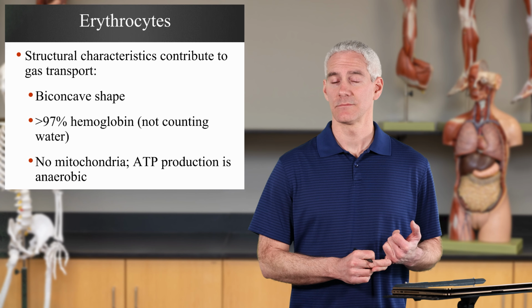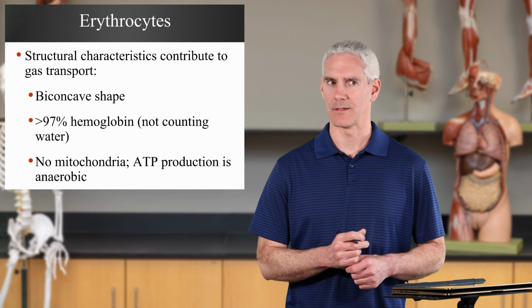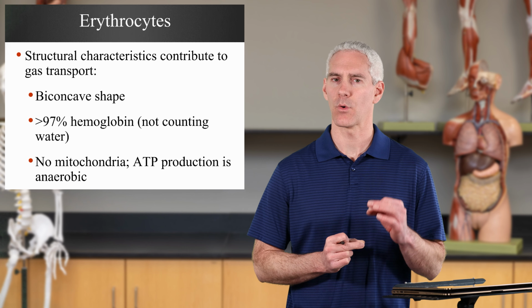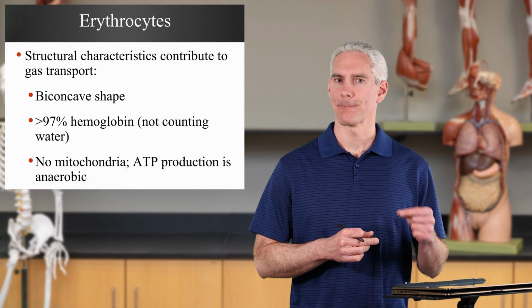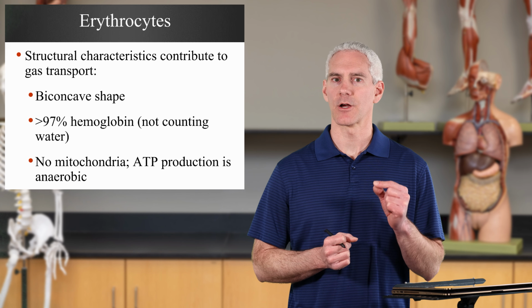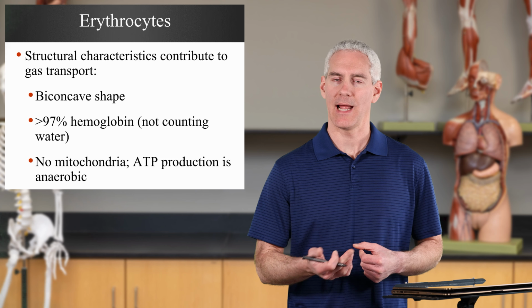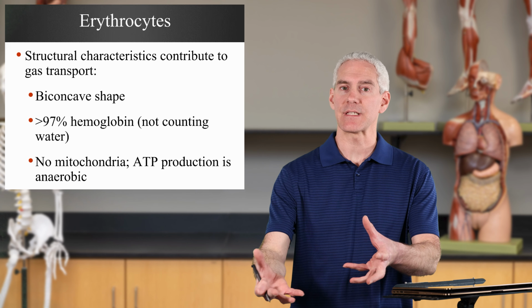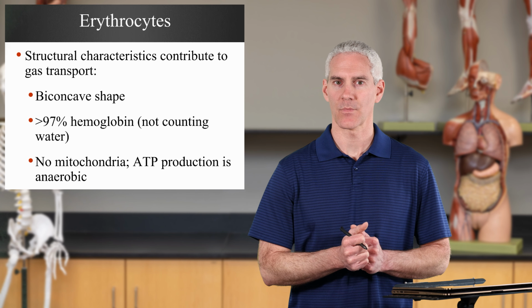There's no mitochondria. ATP production is anaerobic. Let's put that in perspective. Why is that important? If you go back to cell biology, mitochondria are going to allow for ATP production using an aerobic pathway, which means they're taking oxygen in and using that to make ATP.